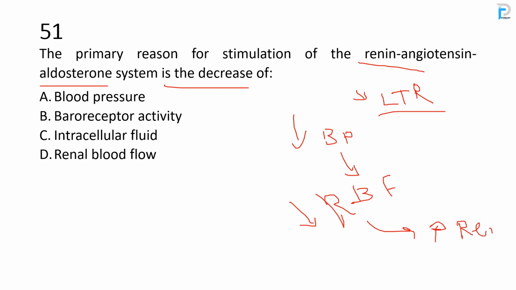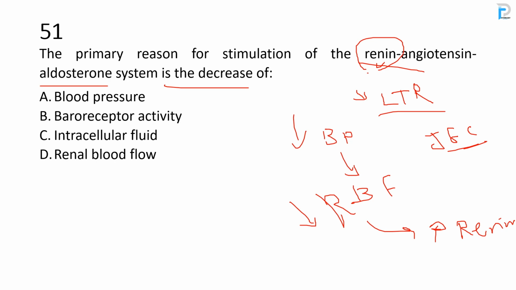That's why this system is known as the renin-angiotensin-aldosterone system, because the primary enzyme that is released and starts the whole process is renin. Renin comes from cells in the kidney known as juxtaglomerular cells. These cells are sensitive to changes in renal blood flow.